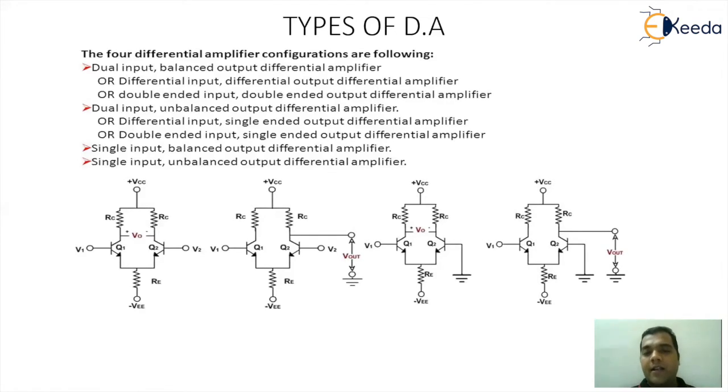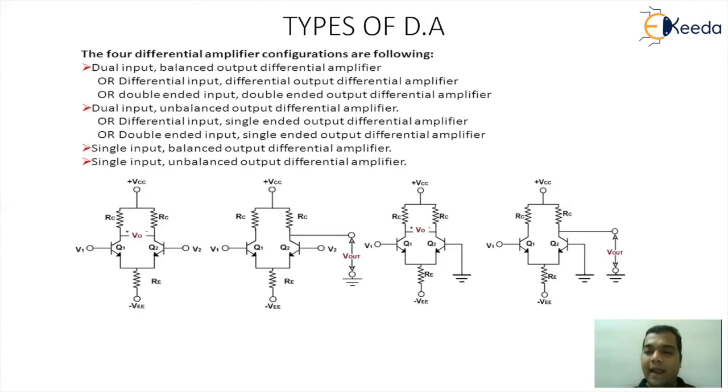The third circuitry has only one input point, but both the output points VO1 and VO2, and you take VO as the difference VO1 minus VO2 or VO2 minus VO1. In the third circuitry, we can define it as single input, dual output, or unbalanced input but balanced output configuration.